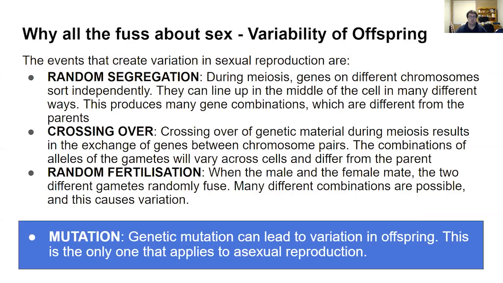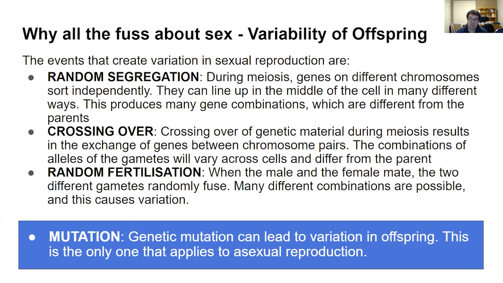So why do we go through that extra stage of division? What's all this fuss about sex? Well, it all comes down to variation. When your pairs of chromosomes separate in that second stage of meiosis, it's not like all the chromosomes from your dad go to the left and all the chromosomes from your mum go to the right.